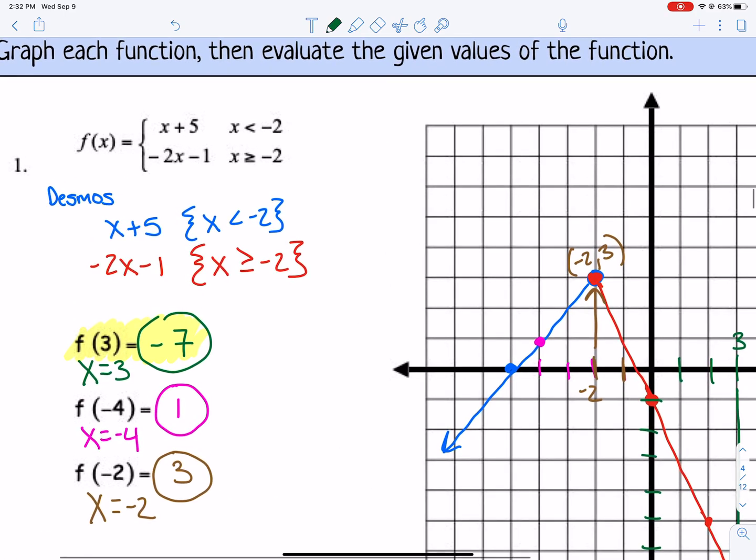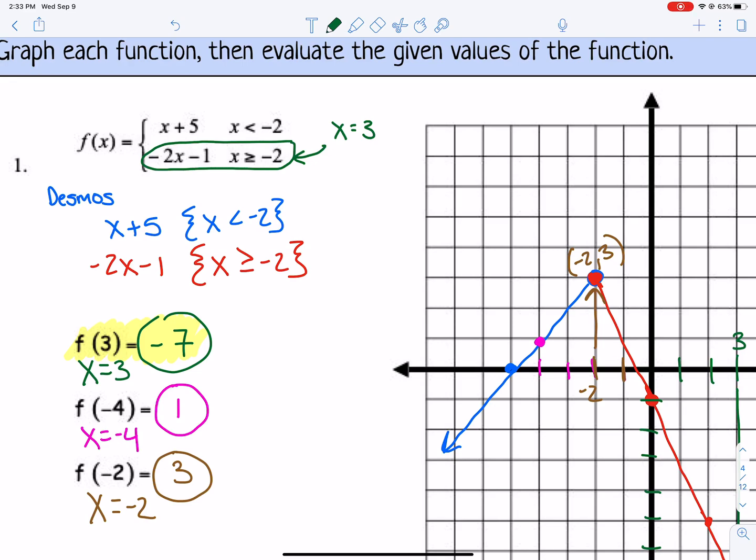Would that be where x is less than -2 or where x is greater than or equal to -2? So it definitely belongs in that second piece of our function because that's where x equals 3 is included in the interval. X equals 3 belongs where x is greater than or equal to -2.